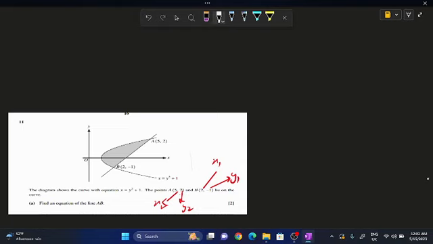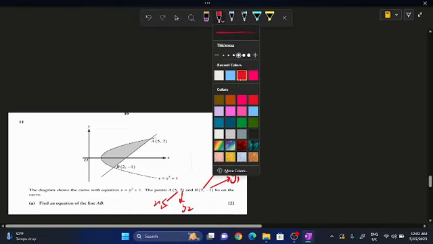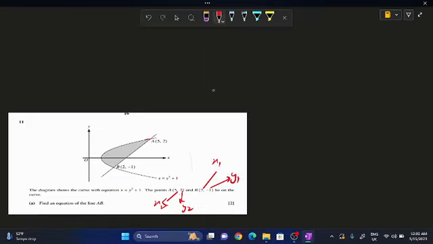So you can choose the limits for this y-axis because they are rotated along y. So choose this point, the meeting point at y, this is 2, and the meeting point at y, this is -1. It means that your integration should be between -1 to 2.